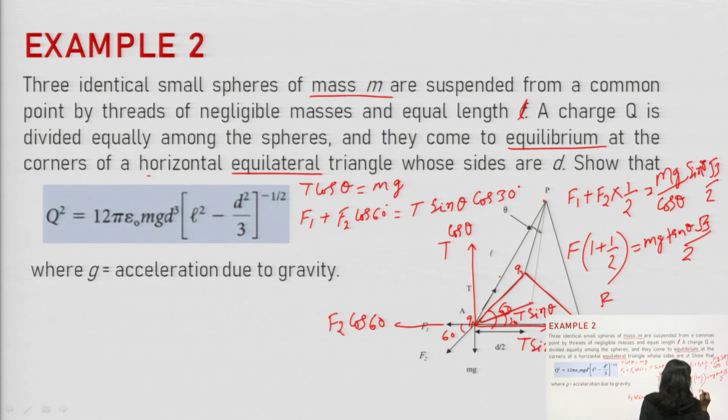F is equal to F multiplied by 3 by 2, root 3 by 2 mg tan theta. Now this 2 and this 2 will cancel out, this root 3 will cancel out, and here we will be left with root 3.